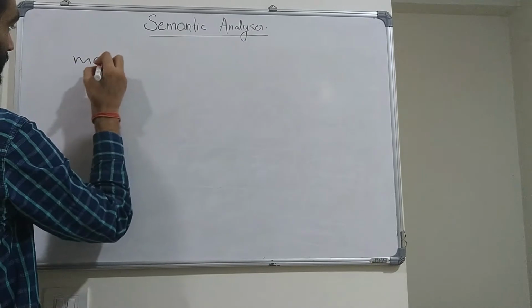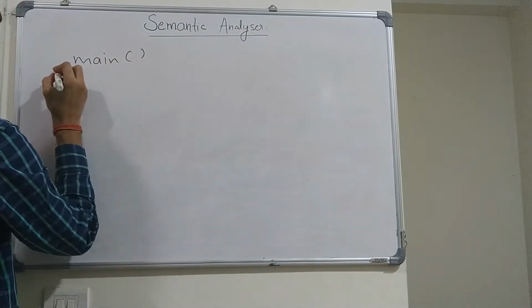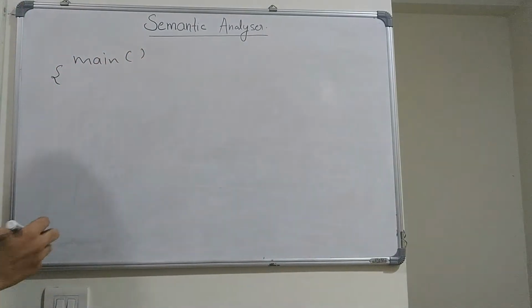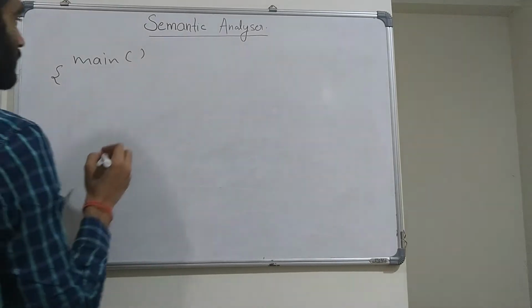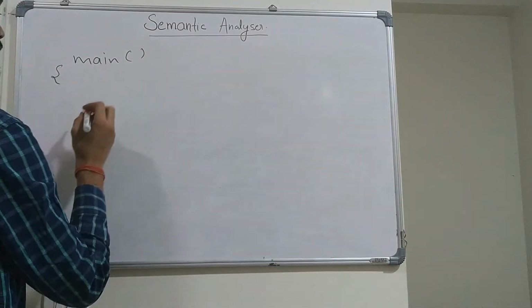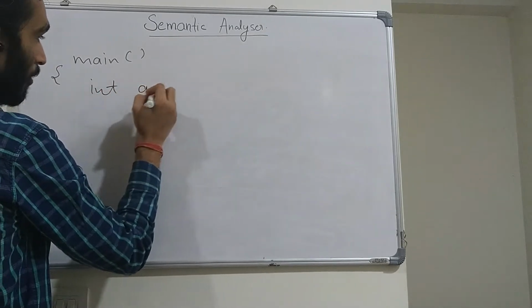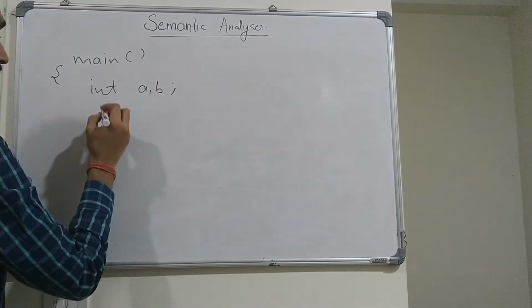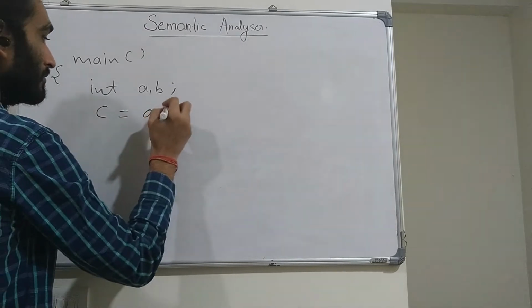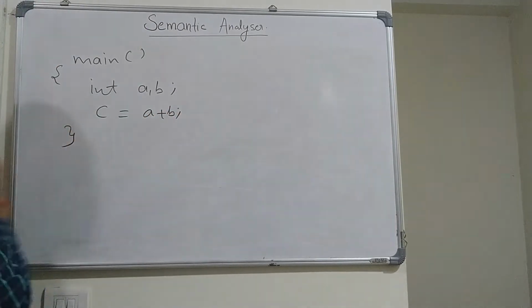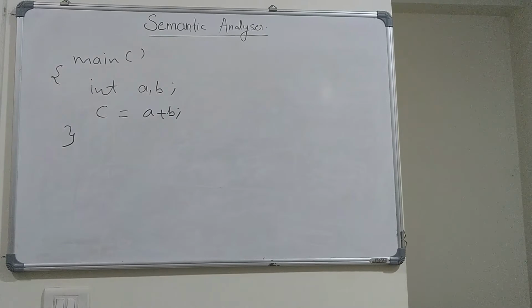Consider this example: main, opening and closing bracket, followed by a curly bracket. Now I am declaring variables as int a comma b followed by a semicolon, then c equals a plus b semicolon, followed by a closing curly bracket.